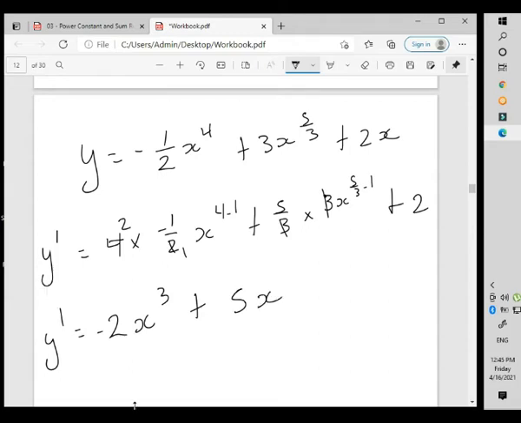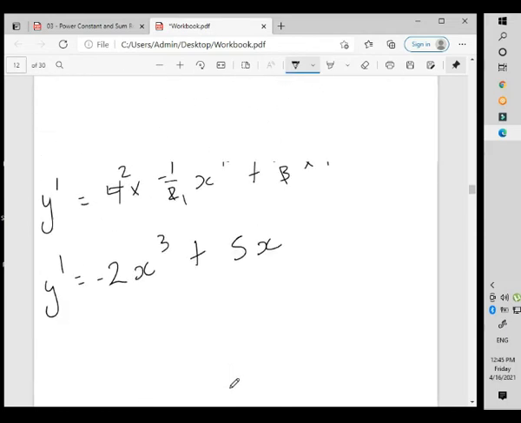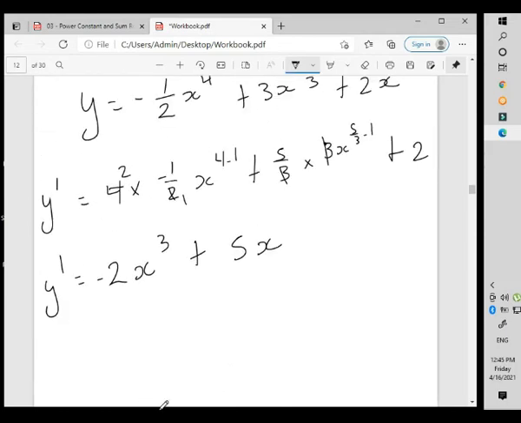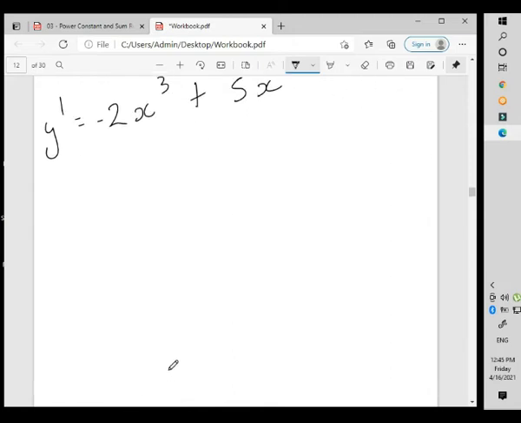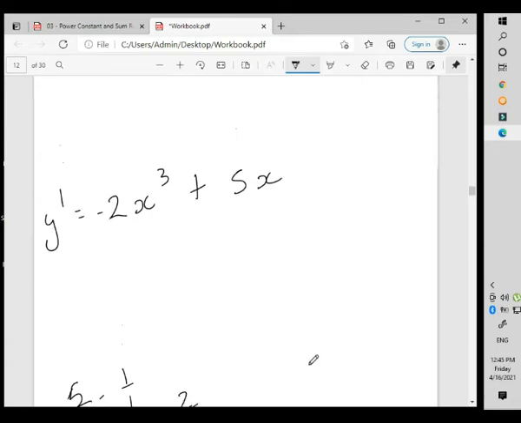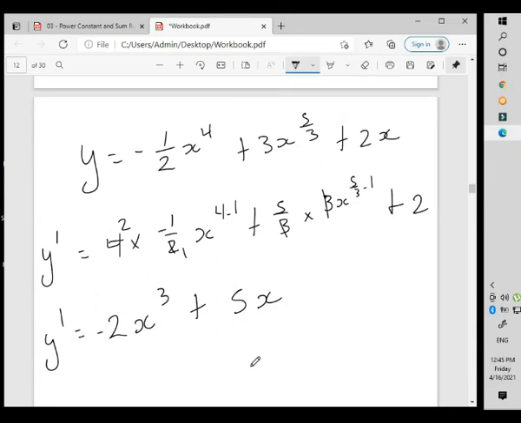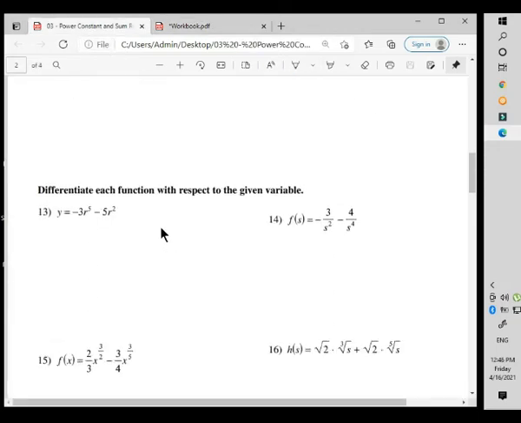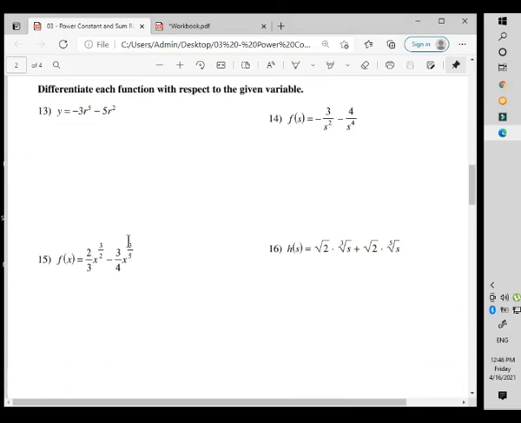Let me go down a bit here. 5 thirds minus 1, so 5 over 3 minus 1 over 1, so this is 2 thirds. So this is going to be 2 divided by 3 plus 2. And that should be the end of that. What other questions are there? Okay, just a few more.